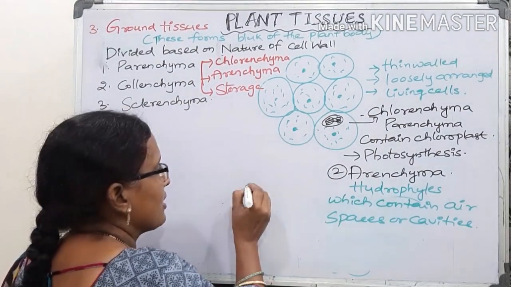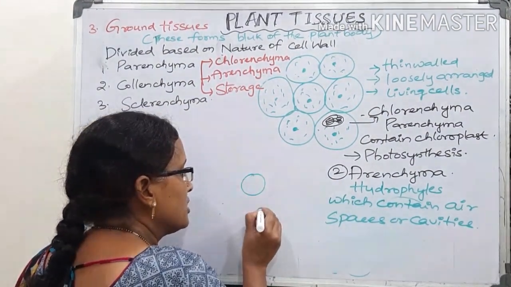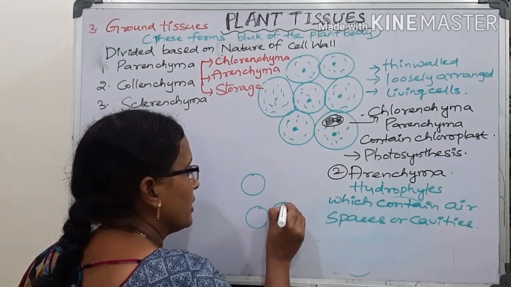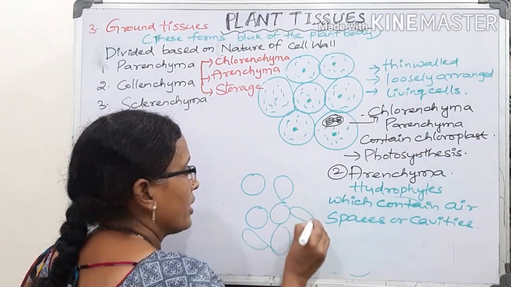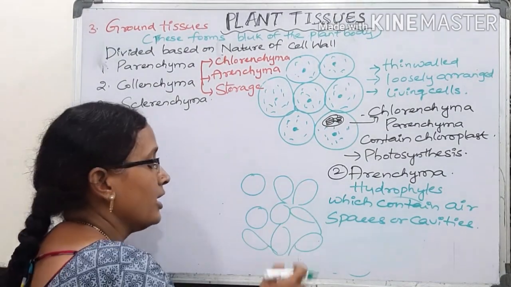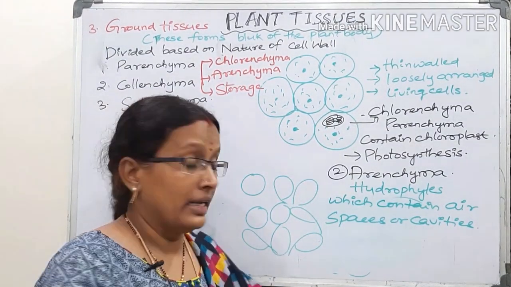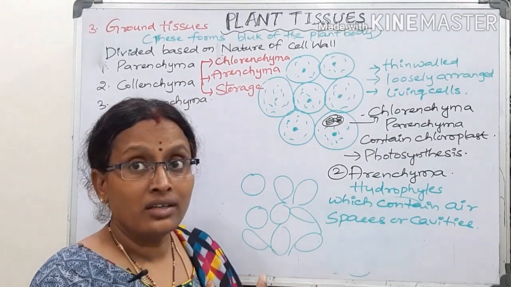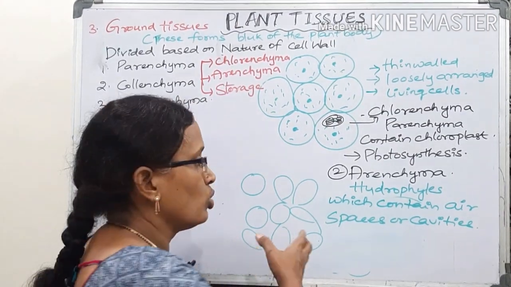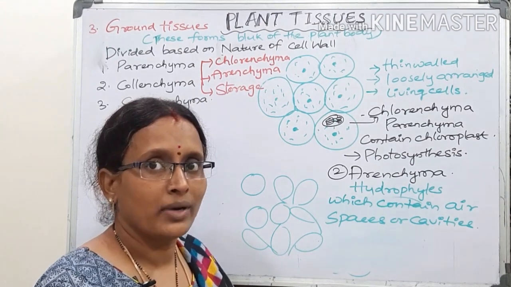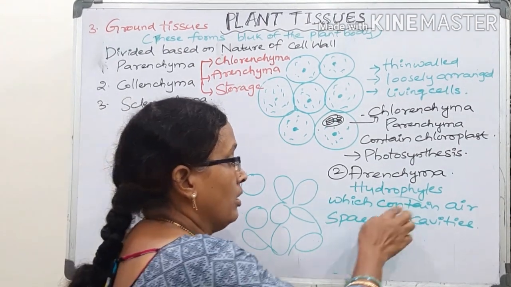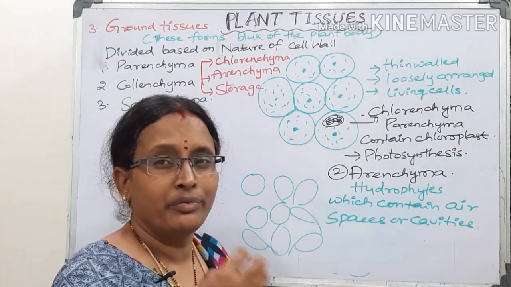These cells are arranged very loosely, and these openings are filled with air. That type of aerenchyma is present in water plants to make it easier to live there.